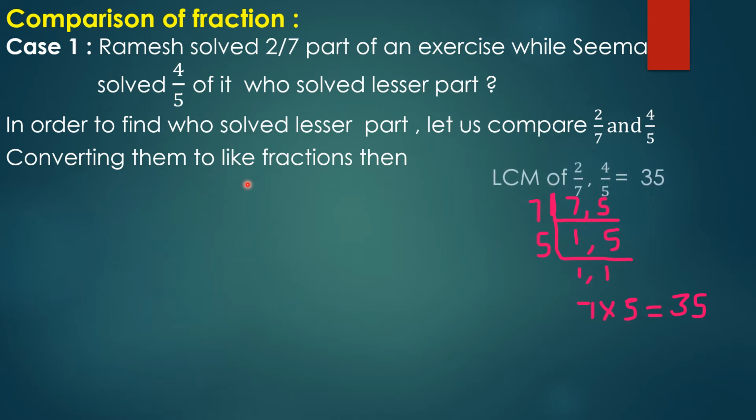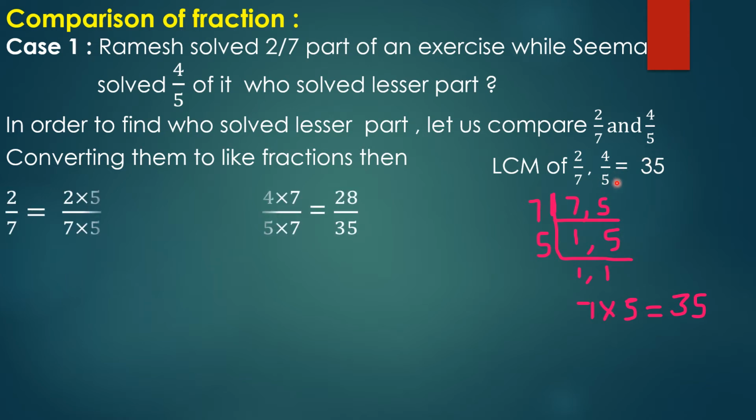How to convert? Take the LCM of 7 and 5. 7 ones are 7 and 7 fives remain as it is, and 5 ones are 5 and 5 sevens are 35. So 35 is the LCM for 2 by 7 and 4 by 5.